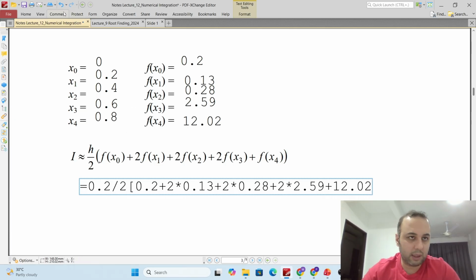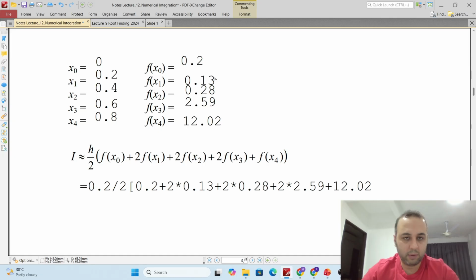As you can see, when you want to use this method, you have points in the middle, in the middle, see. The last two terms, this one and this one, have no coefficient 2.